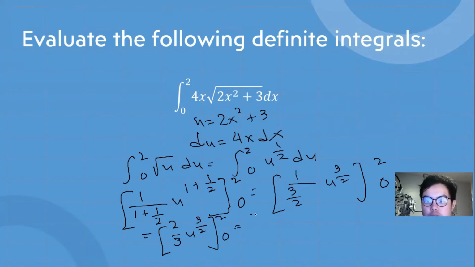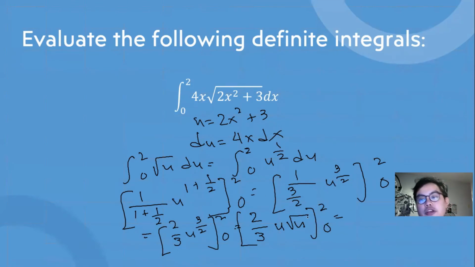So, we're going to revert to its alternate form. So, now we're going to simplify po. But before that, we're going to substitute using this u. So, it will become 2/3, then 2x squared plus 3, then square root of 2x squared plus 3, then 2, then 0.